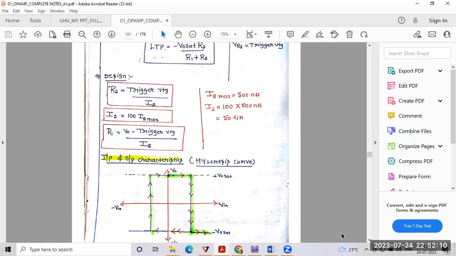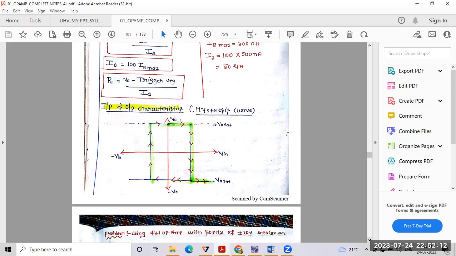And this is the hysteresis curve. You can elaborate this hysteresis curve with the help of your input and output waveforms. Before our input reaches UTP, the output will remain positive only. Whenever our input reaches UTP, the output will change from positive reference to negative reference.